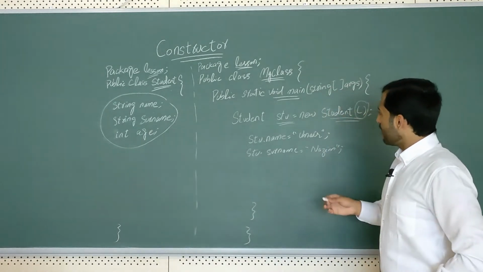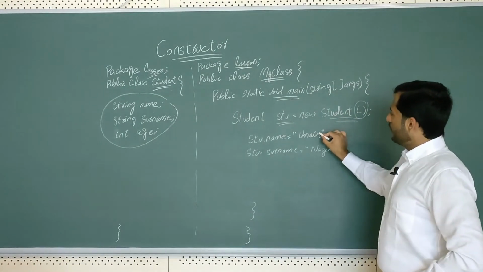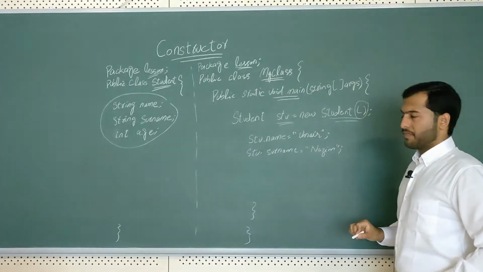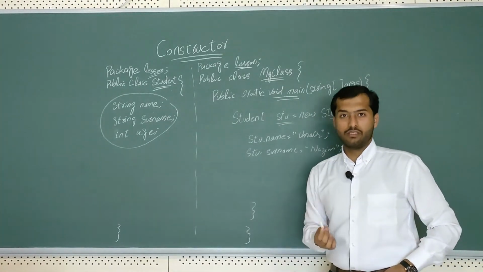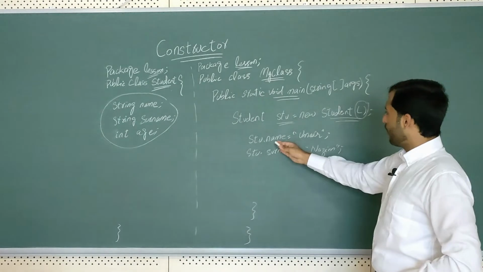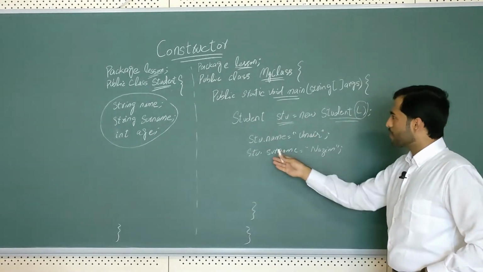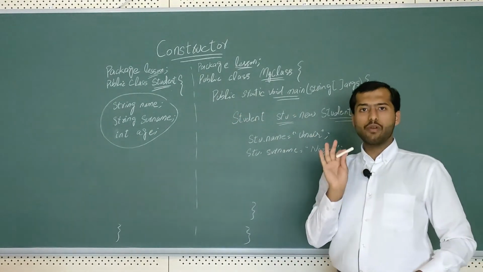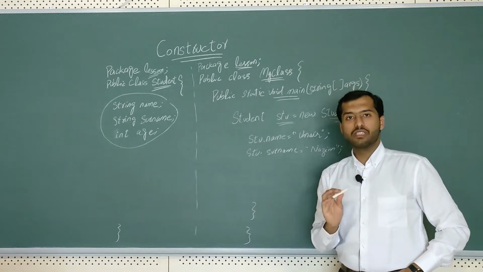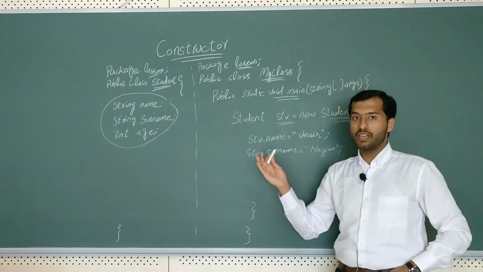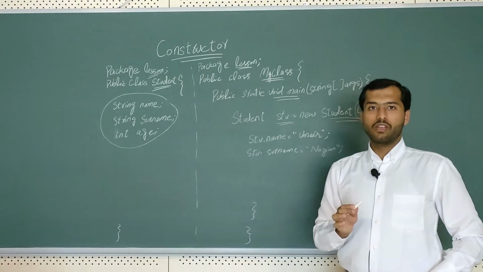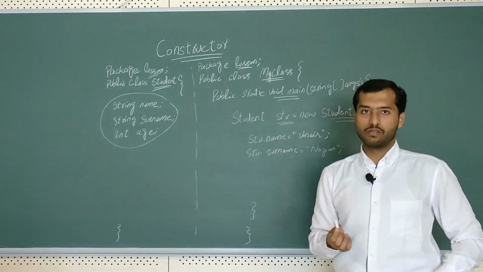For example, I don't want to initialize the values like this, by creating the object and assigning the values here. No, I will not do it like this. For that reason, there is one more way you can initialize the values, and that is a very easy way: by using the constructor.